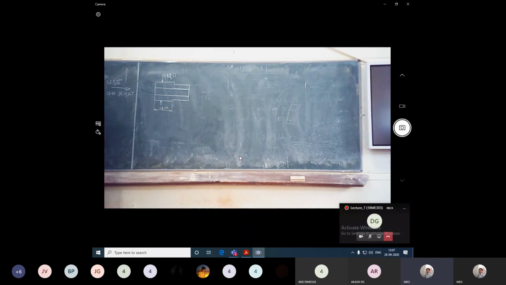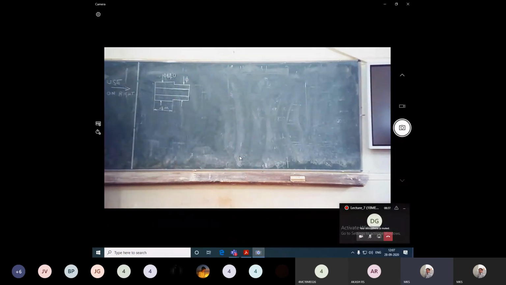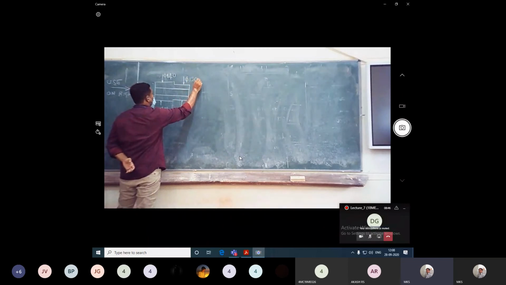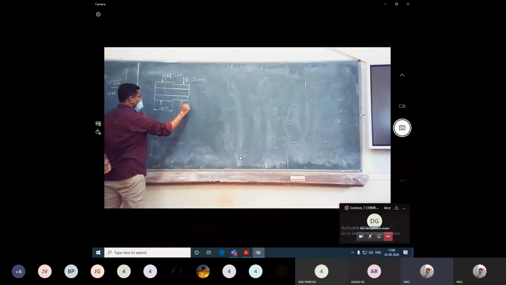Next, for the remaining cross section, the remaining length, the diameter of the bar is 120 mm. What is the remaining length?